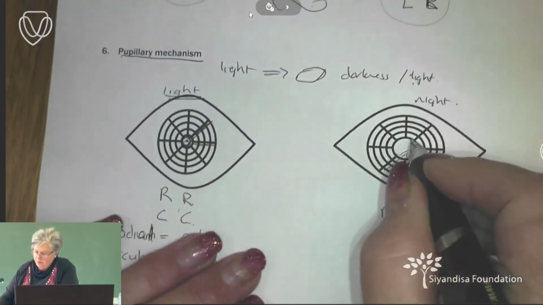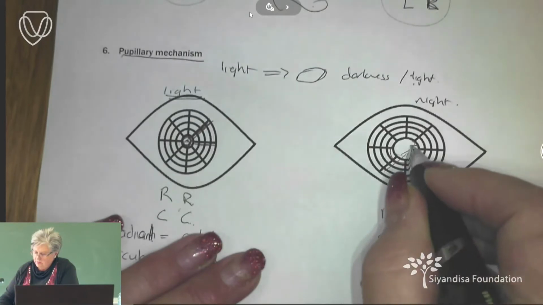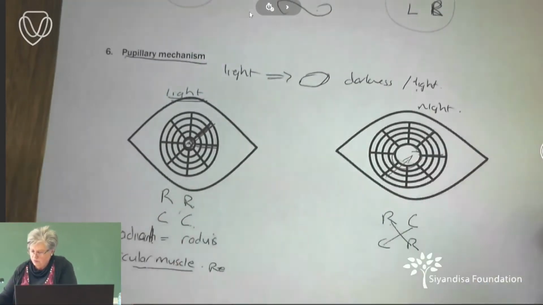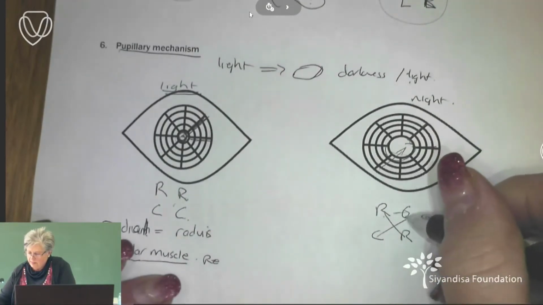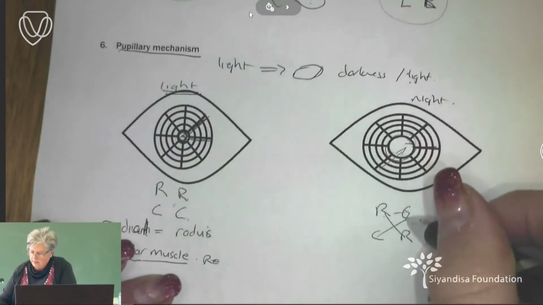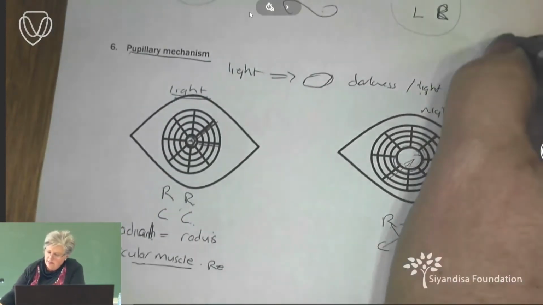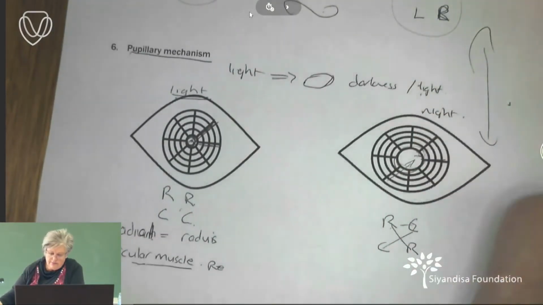If the pupil is big, the radial muscles have pulled it open, so they have contracted, and the circular muscles have become relaxed. So this is the way the two functions work here.